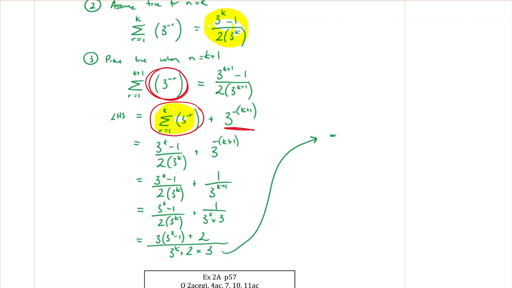If I expand out the top, I am going to get 3 times 3 to the K minus 3 plus 2, all over 3 to the K. I'm going to leave that separate for now because I think I'm going to get some cancelling out.